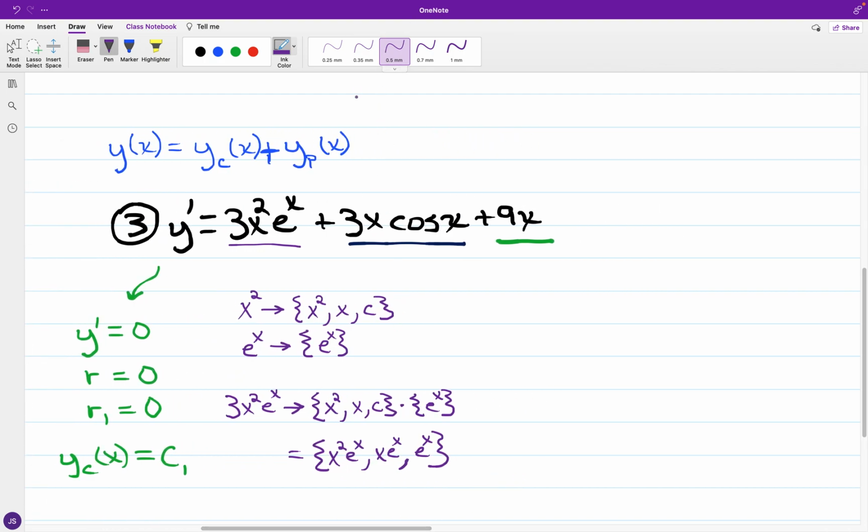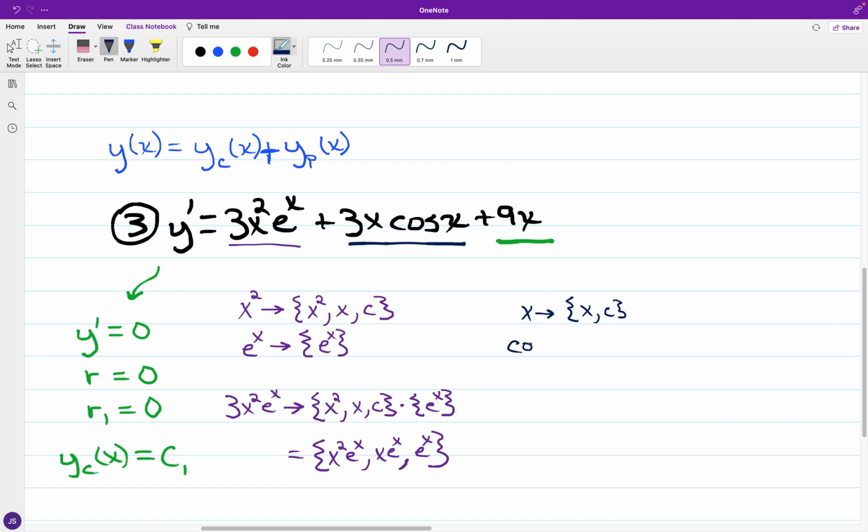Now, for the case of x times the cosine of x. With the x part, I have x and a constant. Again, if I had just an x term to work with, I would have a duplication. But I have not x here, but x times the cosine of x.